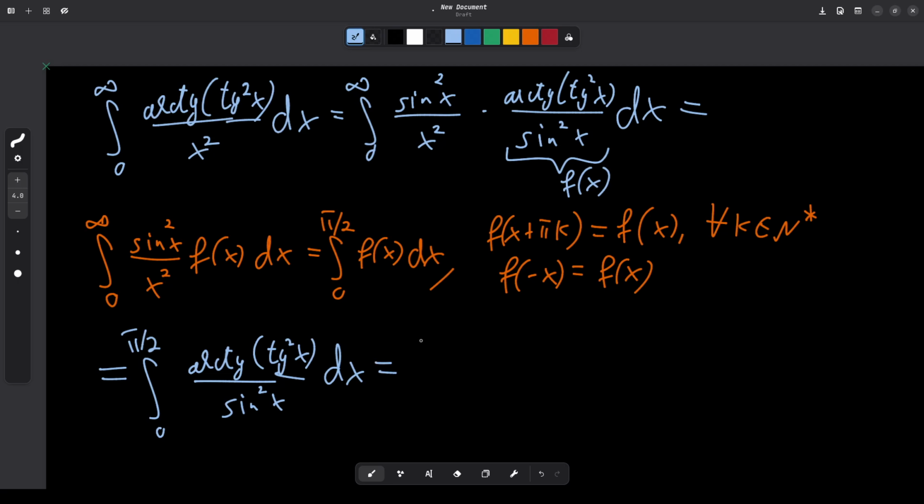And now what I want to do is substitution, because I think that's the most plausible approach as of right now. So we have tangent of x equal to t. Now we do assume that this is an improper integral.